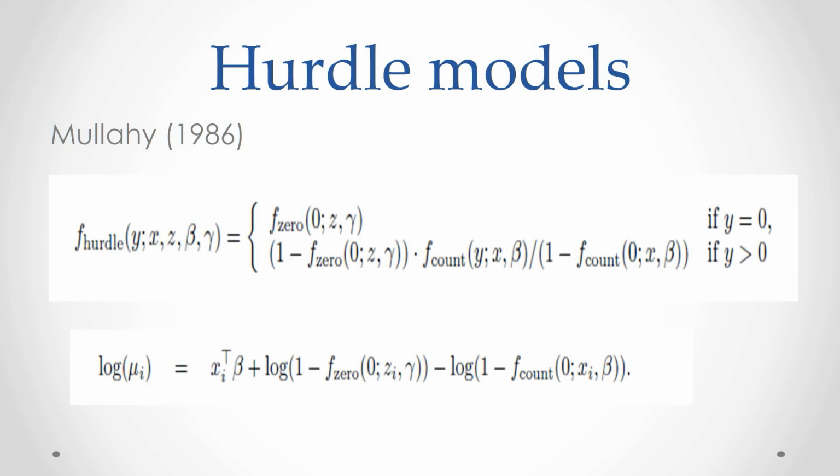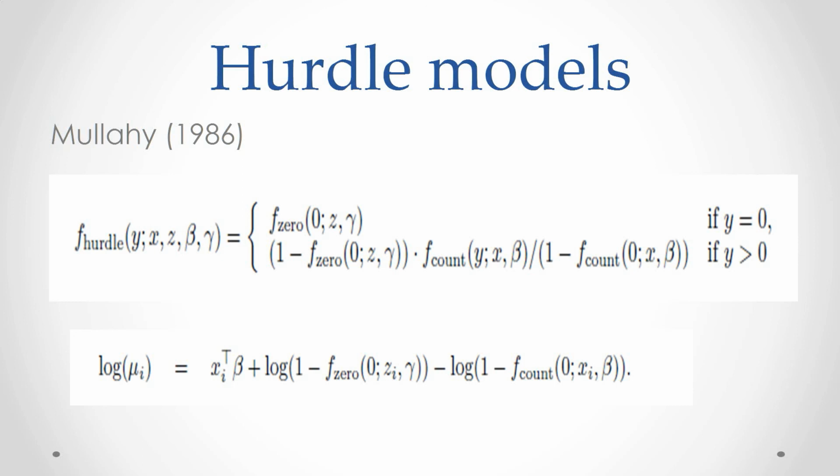Very briefly, an alternative class of models for this data is the hurdle model. The hurdle model is also a two-component model, but it does not model zeros from mixed sources. Instead, it uses a truncated count component for the positive counts and a hurdle component for the zero counts.